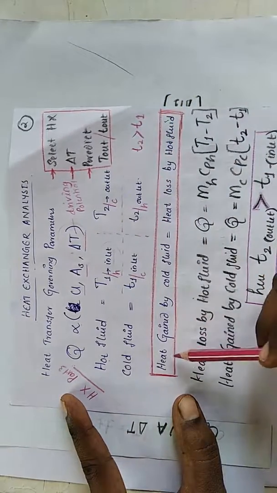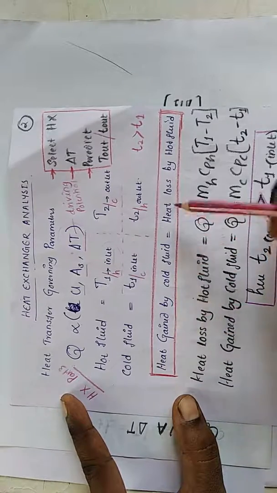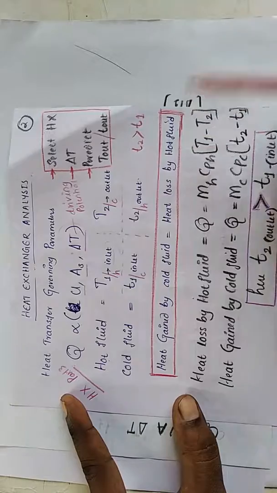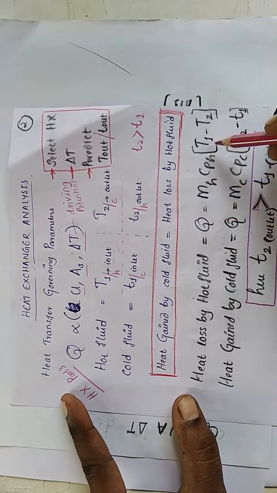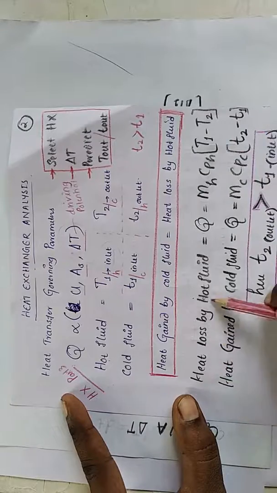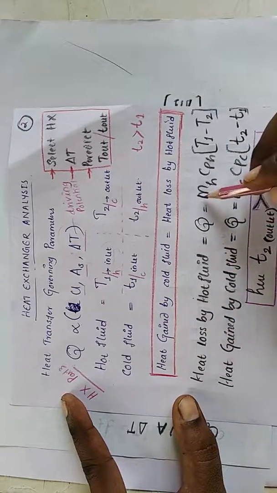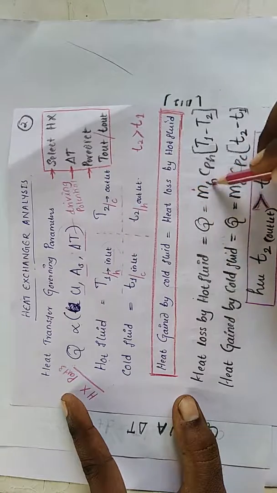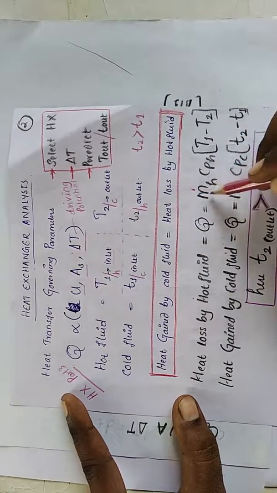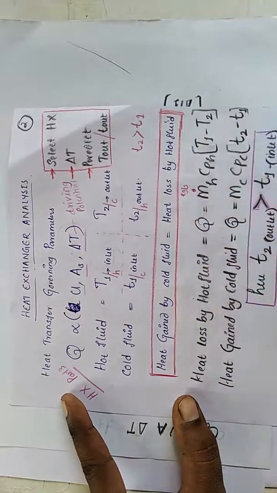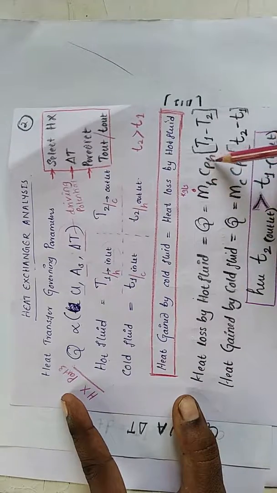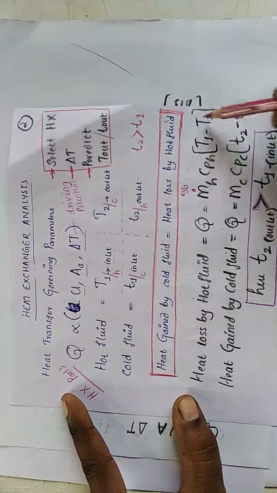As per the energy conservation equation, heat gained by the cold fluid should be equal to the heat lost by the hot fluid. As we know, from the enthalpy equation for the open flow system, Q is equal to m Cp delta T. For the heat loss by the hot fluid, Q is equal to m dot of h, that means the mass flow rate of the hot fluid, this is m dot, its unit is kilogram per second, into the specific heat capacity of the hot fluid, small Cph, into capital T1 minus capital T2.